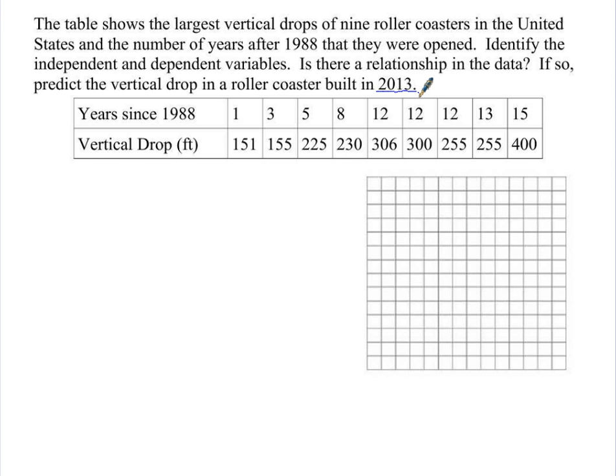How far does our data go? How many years does our data go? It goes 15 years since 1988. So what year is that? So 1988 is here. What year is this? 1989. What year is this one? Years since 1988, so that would be 91.